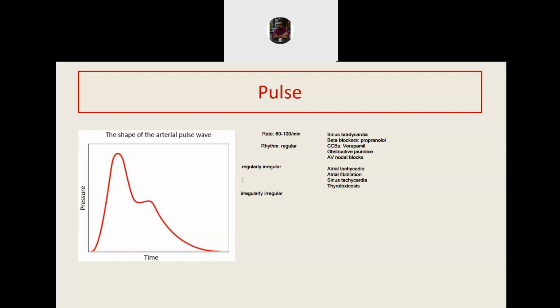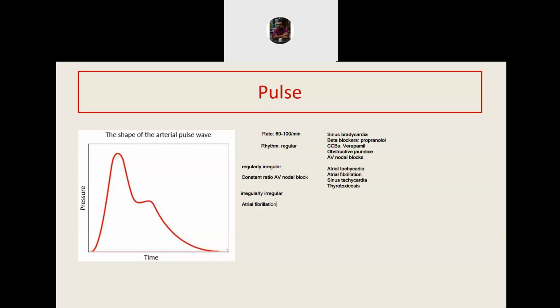Regularly irregular pulse is seen in several important cases, for example, in constant ratio AV nodal block. Whereas irregularly irregular pulse is usually seen when there are multiple ectopics. And this is typically seen in conditions like atrial fibrillation.